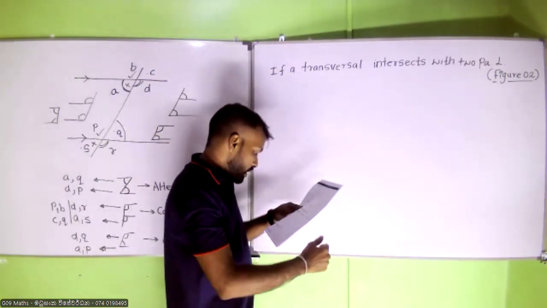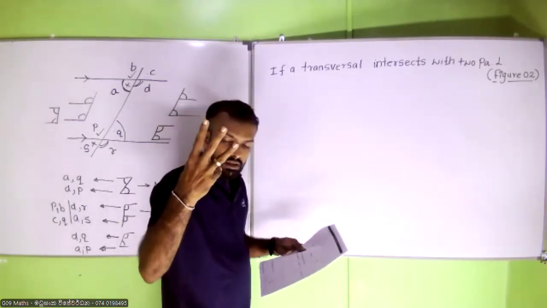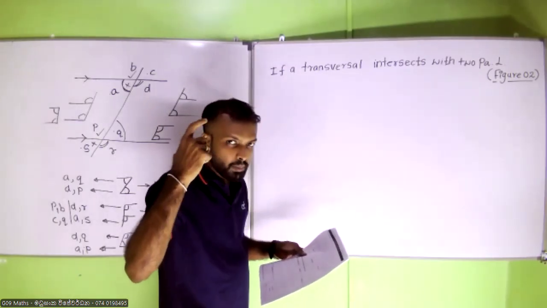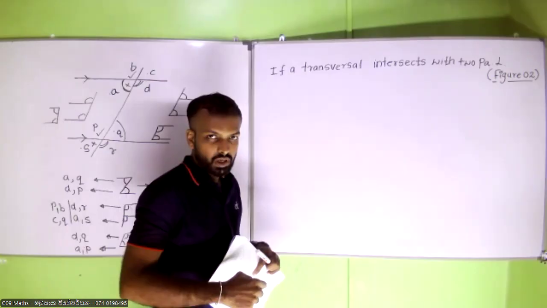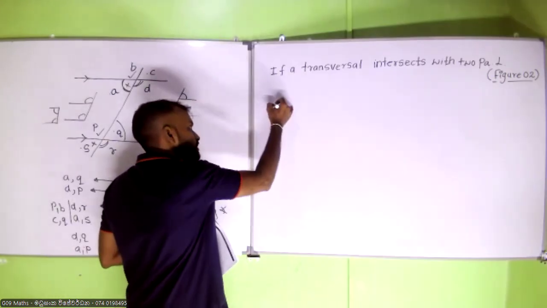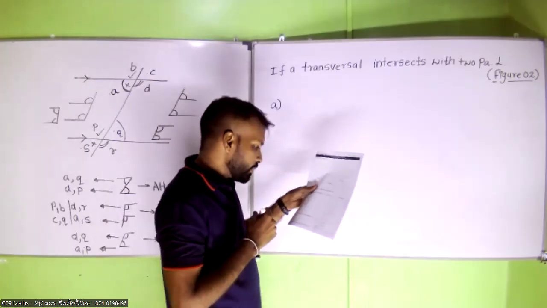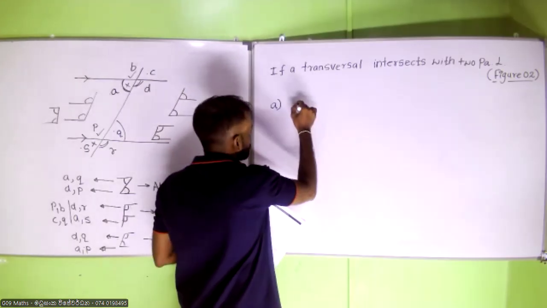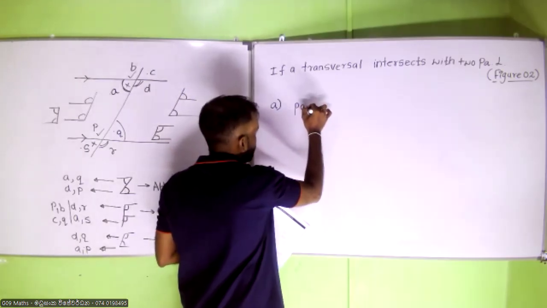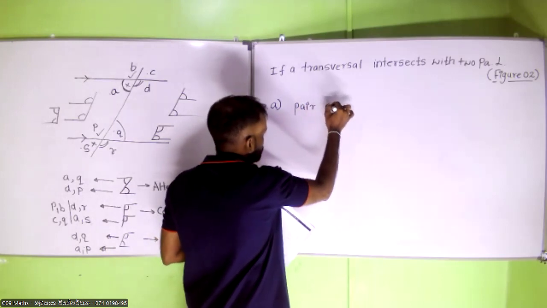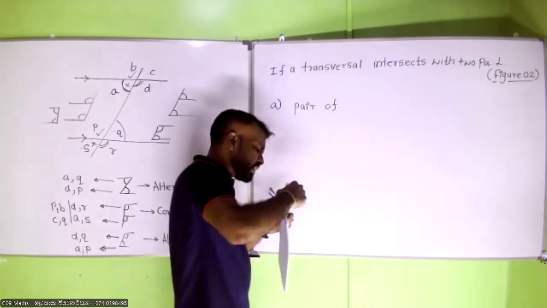Here I have given 3 points: point A, point B, point C. So first of all, let's do point A. I have given pair of, then a blank.